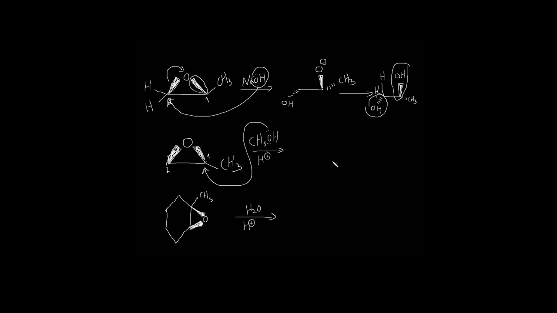So this is carbon number 2, this is number 1, and it leaves here this time. If it attacks carbon number 1, the epoxide is going to open to the left side. As we said, you don't change the stereochemistry of the leaving group. Obviously it's going to be OH at the end.